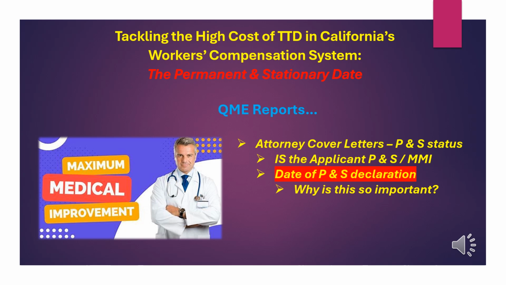Number one, is the applicant permanent and stationary or at MMI? And number two, what is the date that they became or will become permanent and stationary? There actually really is a method to the attorney's questions madness. So you may ask, how does this apply to TTD? It applies drastically, and let's take a look.